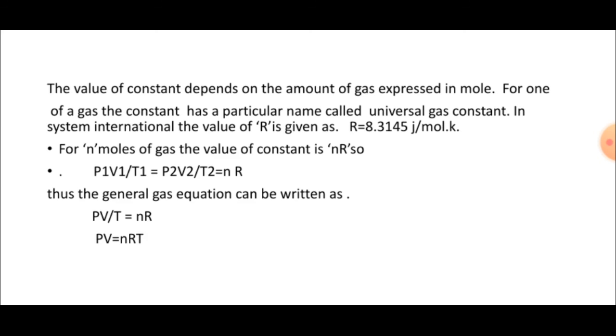In System International, the universal gas constant is denoted by R, and the value of R is 8.3145 joule per mole Kelvin. P1V1 upon T1 is equal to P2V2 upon T2 is equal to nR, where n is the number of moles of gas.